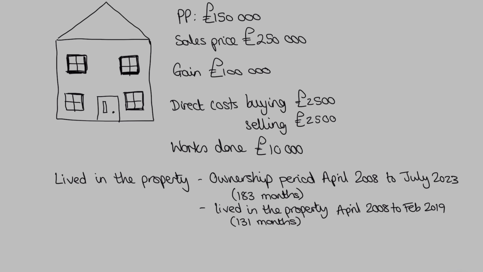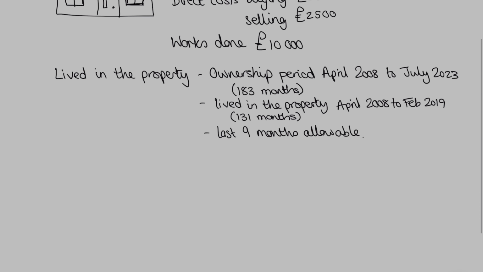That will come into play in a moment when we start looking at our calculation. Now, the final last 9 months of ownership is an allowable period. So for anyone who potentially has a period where they may have two properties or something else, we have that last 9 months as allowable for selling the property.